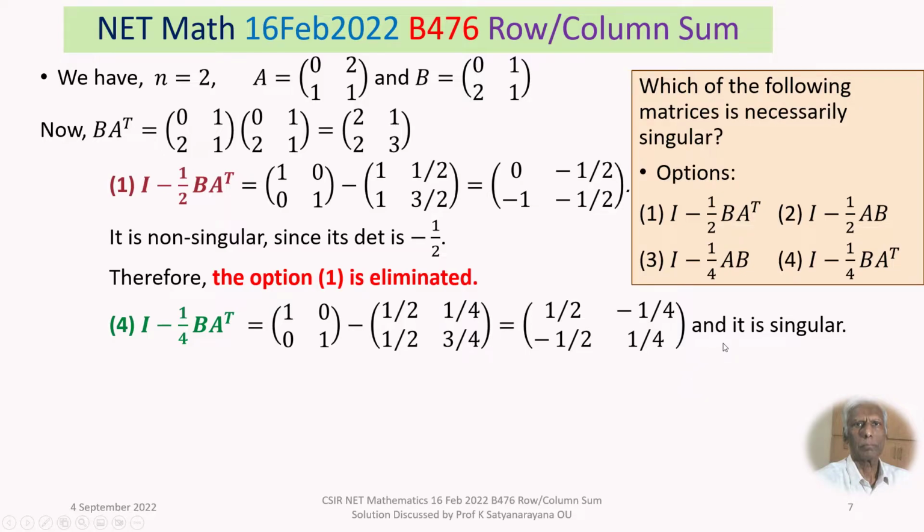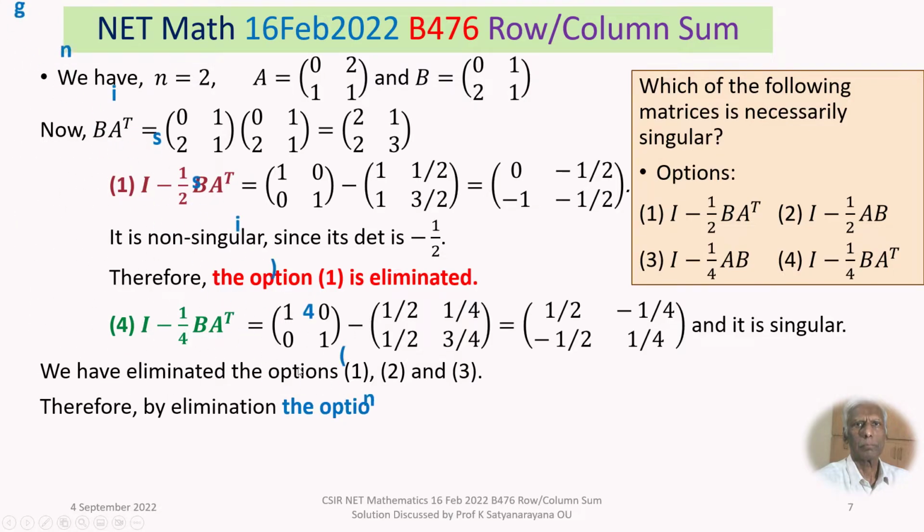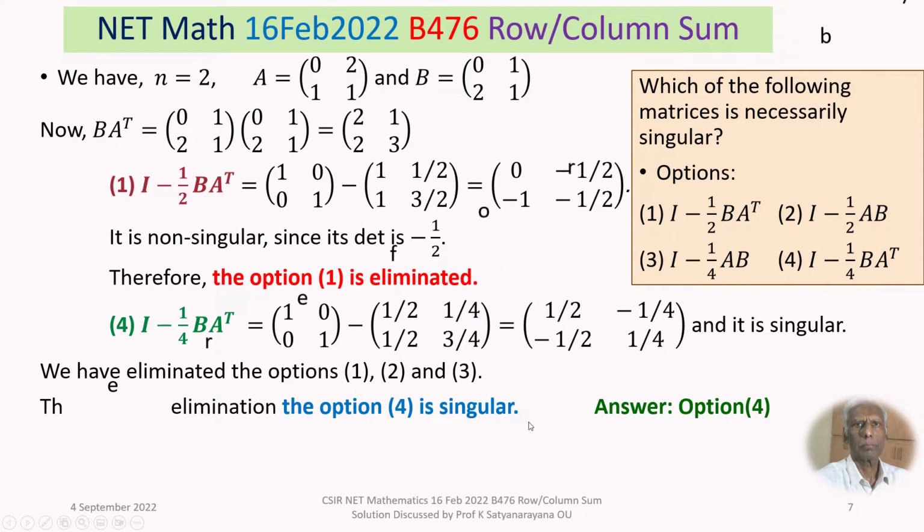It is singular. So it works out in this case for these two examples in the case of n equal to 2. But anyway, we have concluded option 4 is the one which is singular by elimination. Therefore, our answer is option 4.